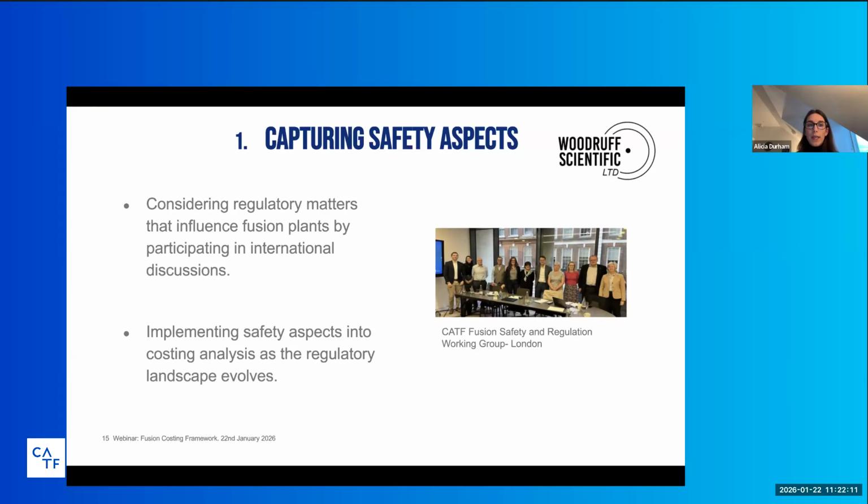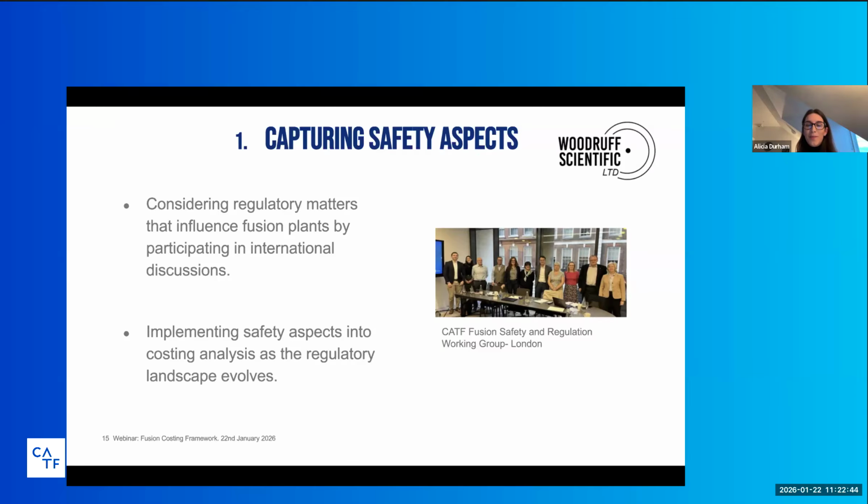So we participated in meetings and working groups. We interfaced a lot with the Clean Air Task Force's Fusion Safety and Regulation Working Group, which gave us a lot of information that we could work on. And we also attended an IAEA meeting, and this allowed us to understand the general feeling and how safety was going to be considered for fusion and how it was going to be regulated, and therefore how we should cost it.